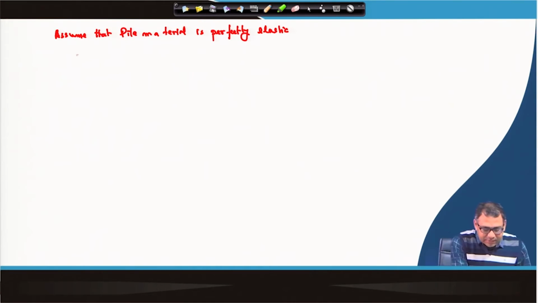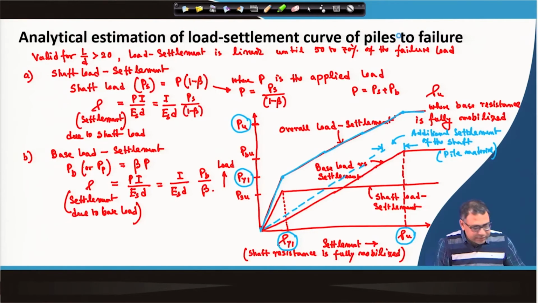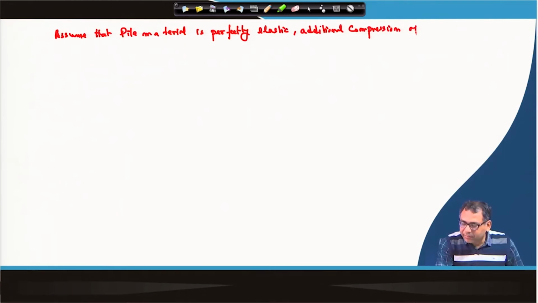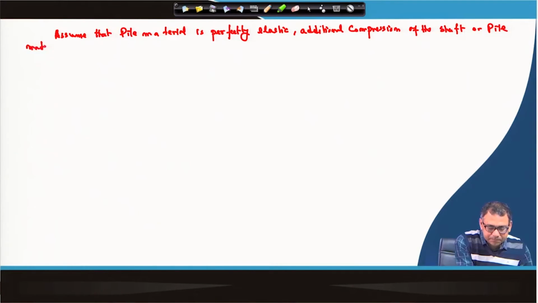So, if it is perfectly elastic, then we can write the additional compression, or additional settlement, of the shaft or the pile material. That will be del rho.